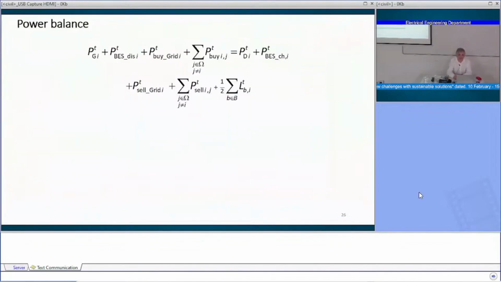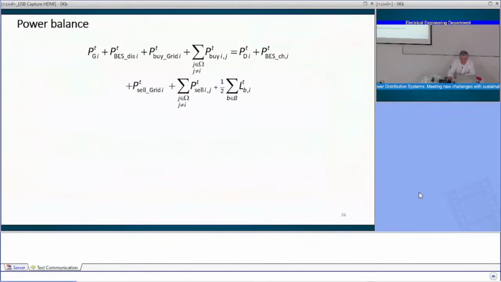Power balance. Here we have a thing. We don't want to introduce exactly the power flow equations and so on of the distribution network, because it is low voltage and it makes the solution a little bit complicated. So we have preferred to implement the method, and we succeeded also to implement the method, by just taking into account the losses in the network. So you see that here in the power balance, we have data at each time.